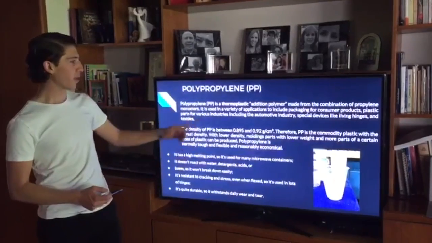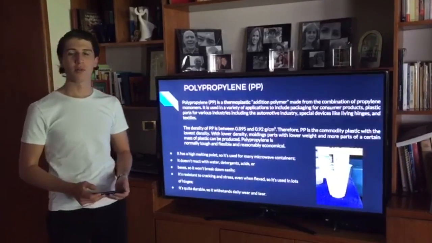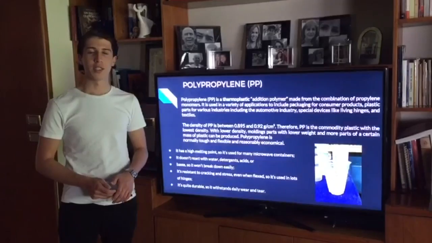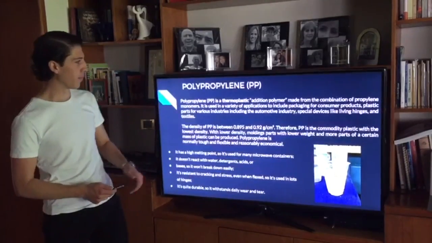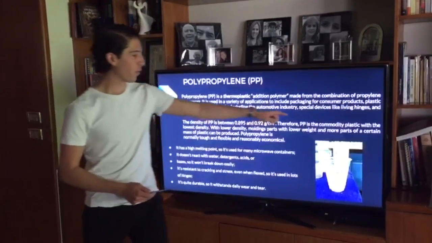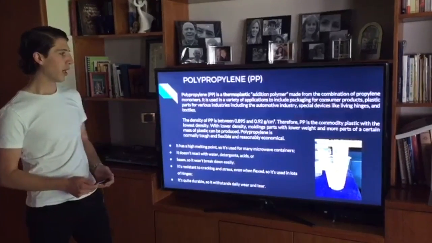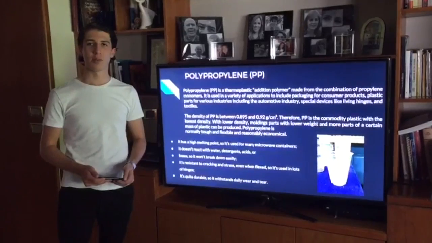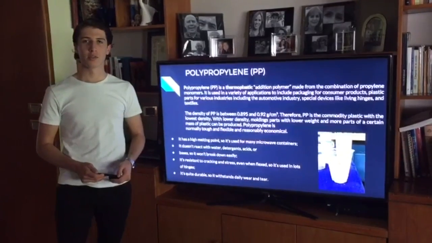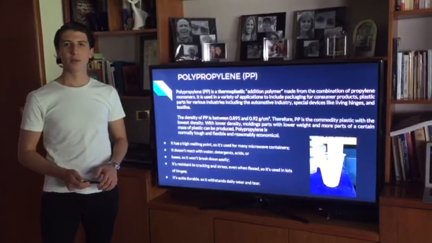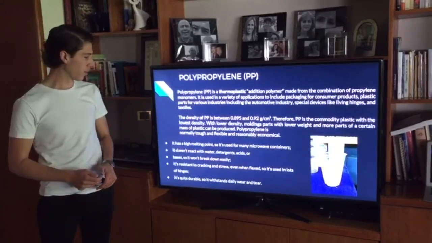Polypropylene is a thermoplastic, like all the other thermoplastics that we use in the injection machine. It is a combination of propylene monomers, and it has various applications throughout the industry, the most common being the injection molding machine.